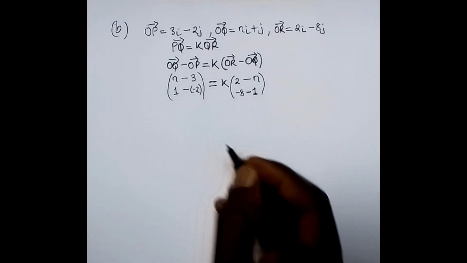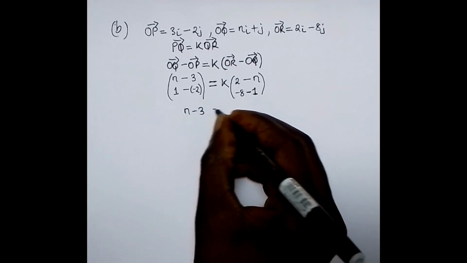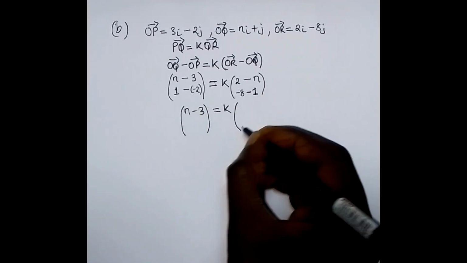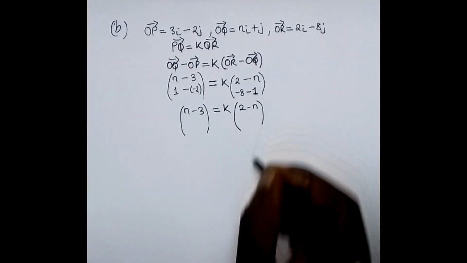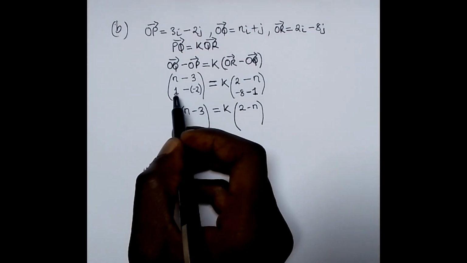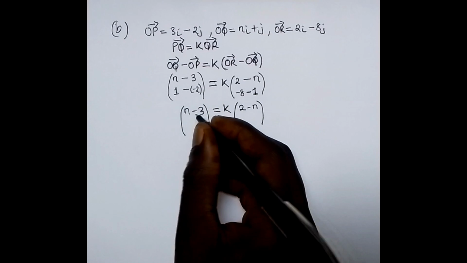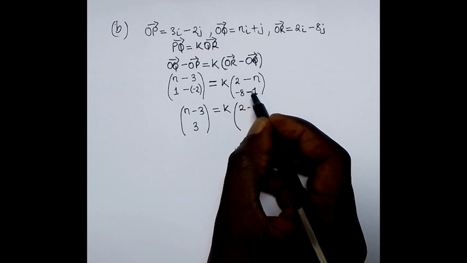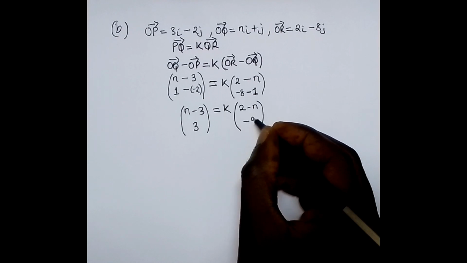So n minus 3 will not subtract, so we maintain it like this, n minus 3, equal to k. We work out the x component, 2 minus n. These can't subtract, they are unlike terms. But below here we can subtract 1 minus negative 2. Negative times negative is positive, so 1 plus 2 gives 3. Then on the y component, negative 8 minus 1 gives negative 9.